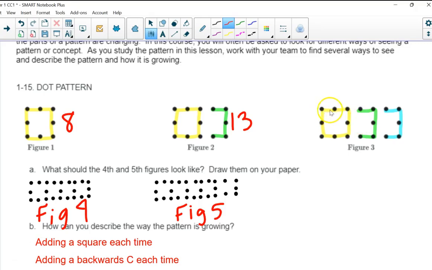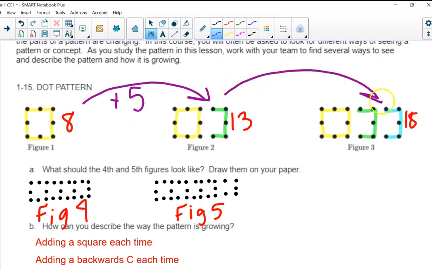Same thing here. 1, 2, 3, 4, 5, 6, 7, 8, 9, 10, 11, 12, 13, 14, 15, 16, 17, 18. So from 8 to 13, how many dots were we adding? Hopefully 5. From 13 to 18, how many dots were we adding? 5, right? So we can see the pattern is growing by 5.